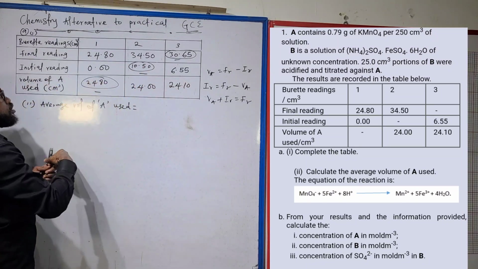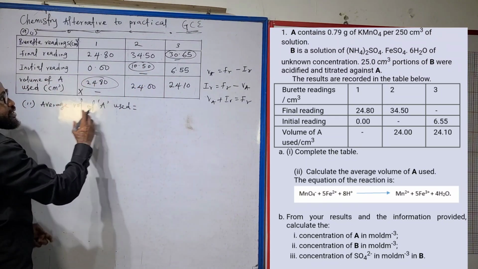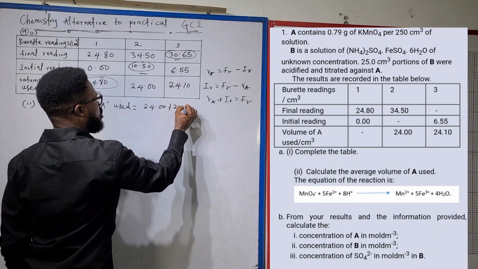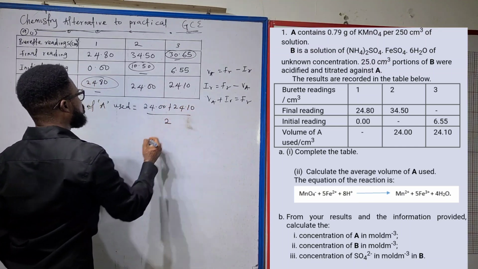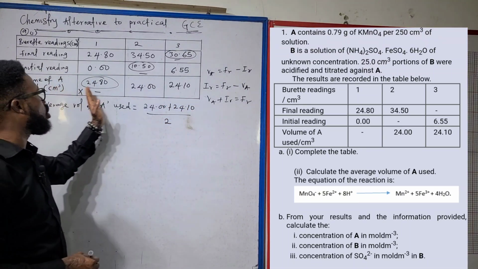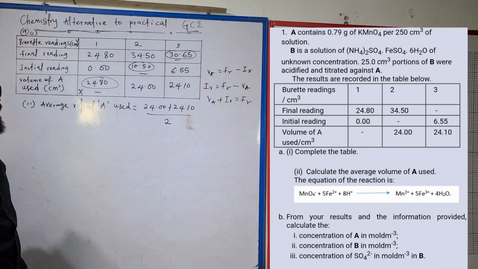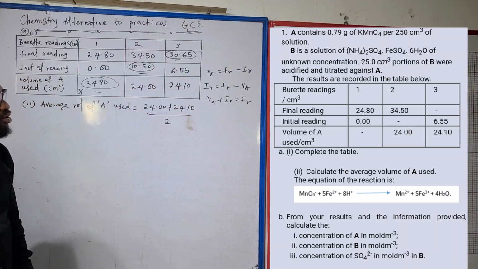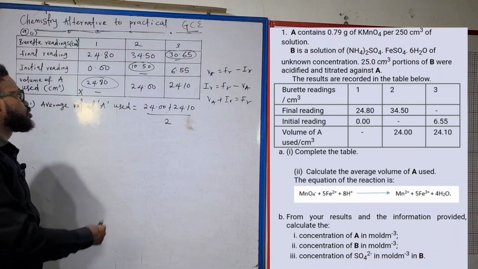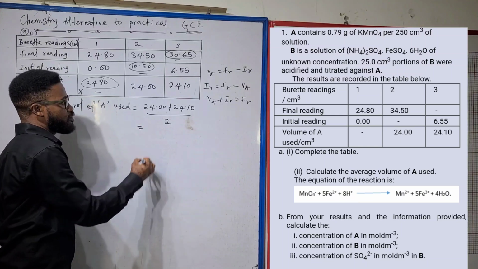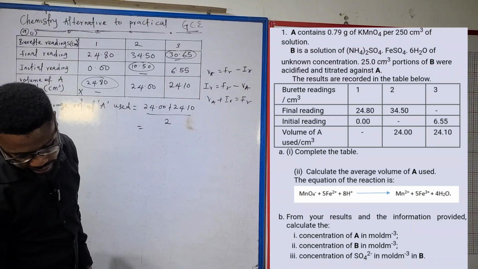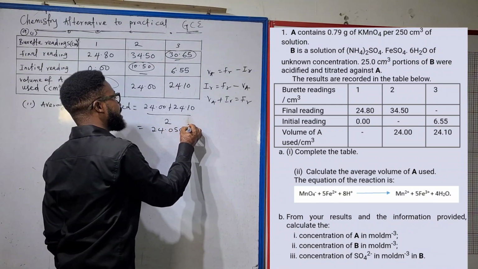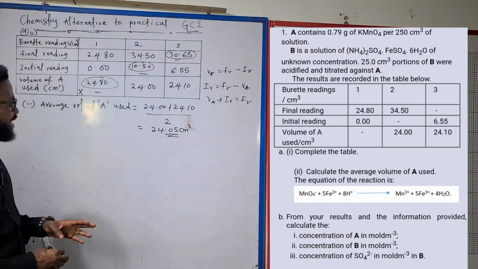So this looks non-concordant, not consistent. So I'm going to go with 24.00 plus 24.10 divided by 2. Which means you don't have to use all of the volumes of A used. You need to take note of consistent or concordant values. When you divide this, you're going to get 24.05 cm cube. That is the average volume of A used.